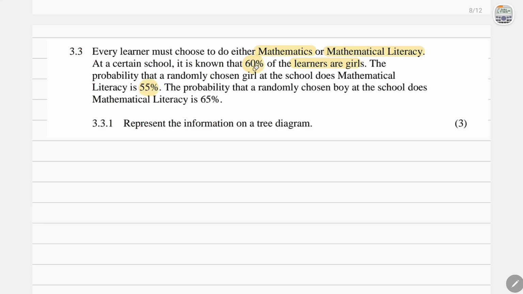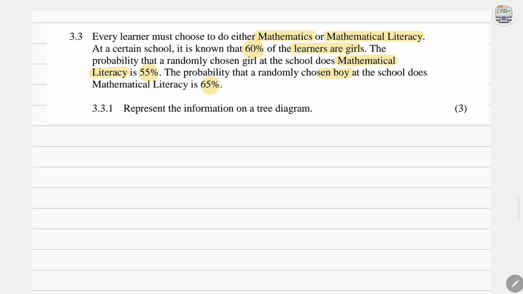So of the 60% of the girls, the probability that she does maths lit is 55%. And then the probability that a randomly chosen boy at the school does maths lit is 65%. Represent the information on a tree diagram.